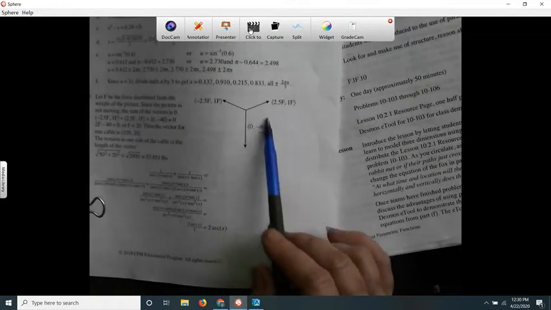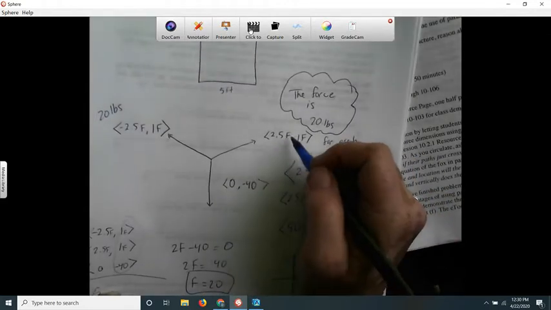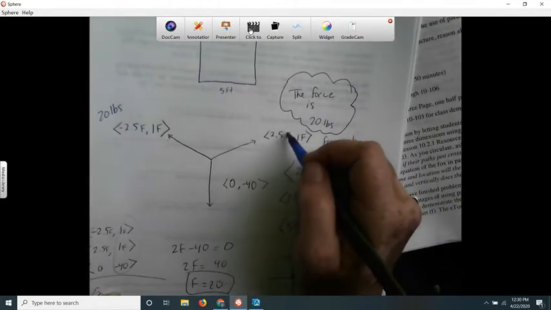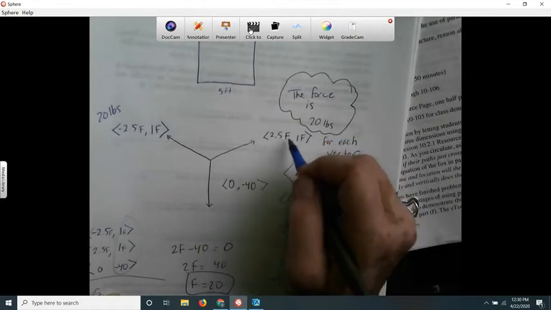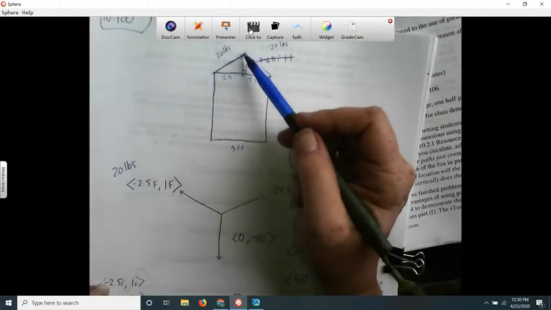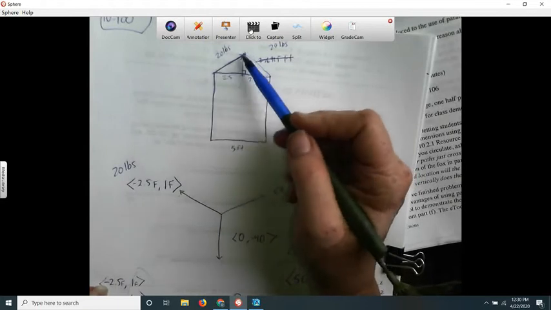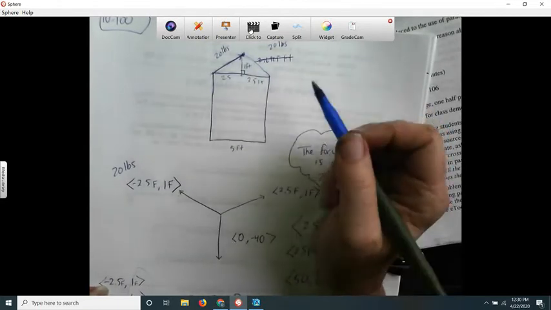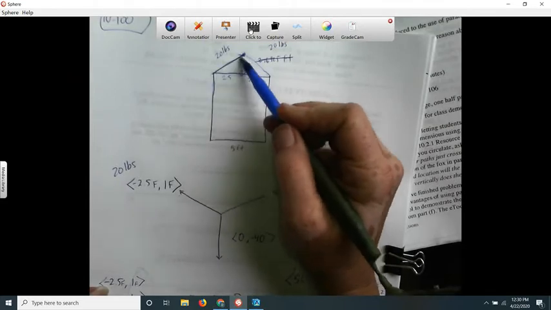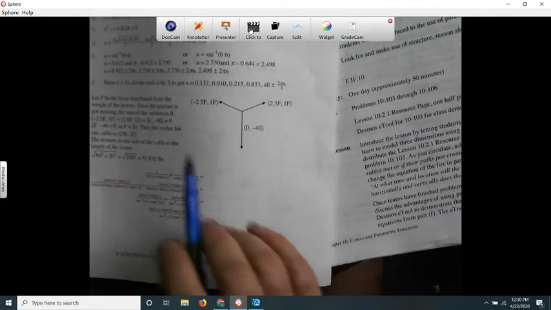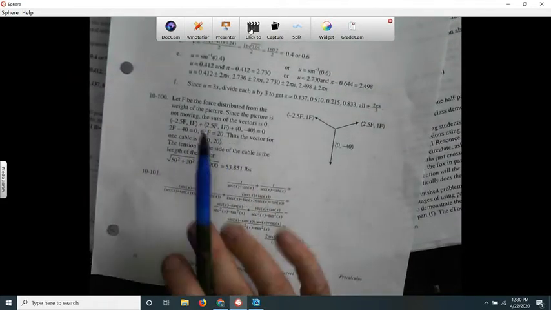I'm just going by their diagram. But they're multiplying it by force, like 2.5 times the force, plus 1 times the force.